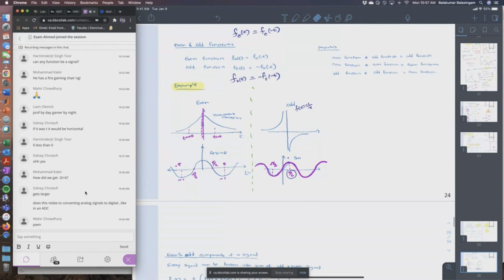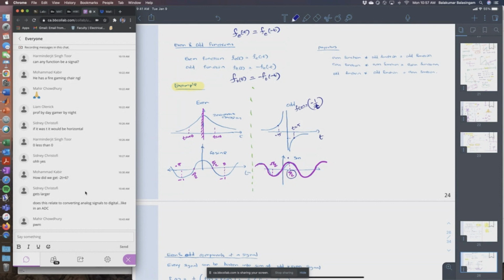Yeah, minus 1 over x. So if you take a value here, t equal to 5, and then go to t equal to negative 5, you will have exactly the negative of whatever you had here.